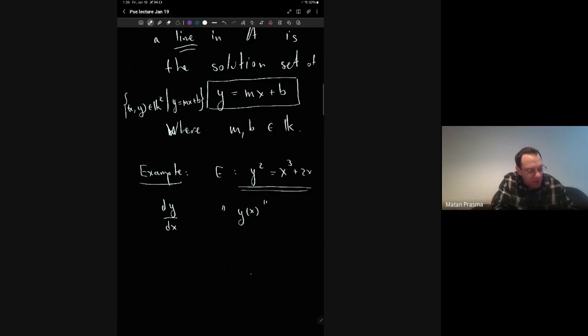When I derive the right-hand side, I simply get 3x squared plus 2. When I derive the left-hand side, well, now I need to, this is like deriving the function y squared, it is like 2y times the derivative of y with respect to x.